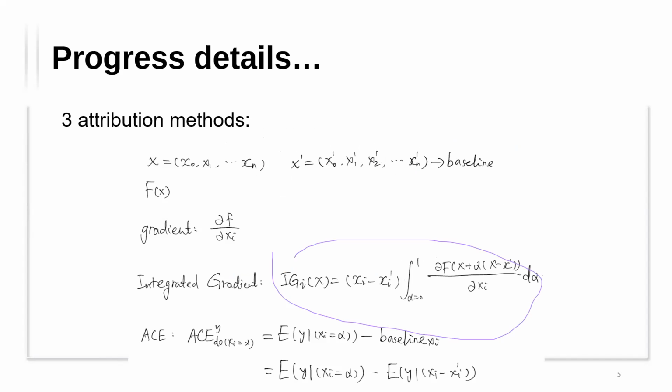They assume there's a path between x and x prime, and for each point on that path they calculate the gradient, then sum them together, and multiply by the length of the path. Here they just assume there's a straight line between x and x prime.